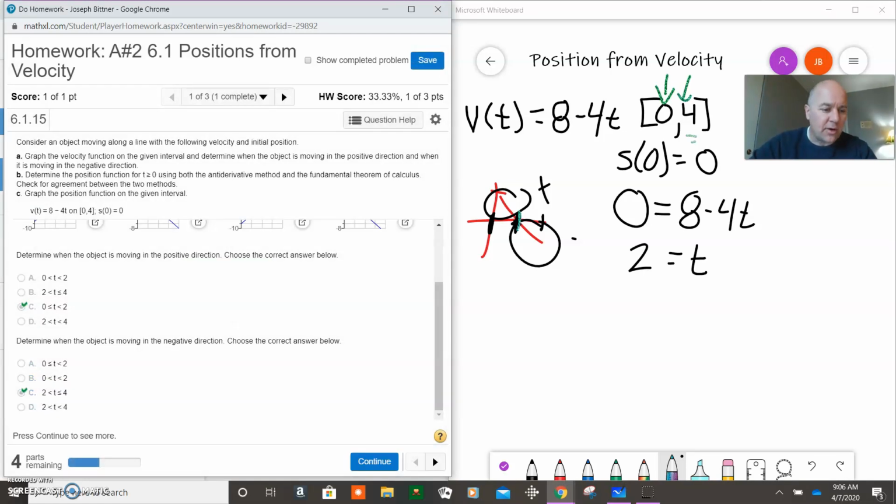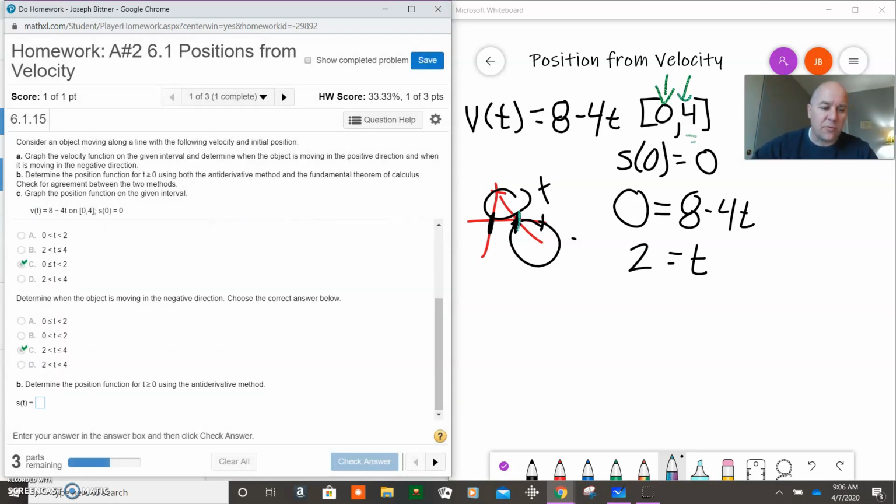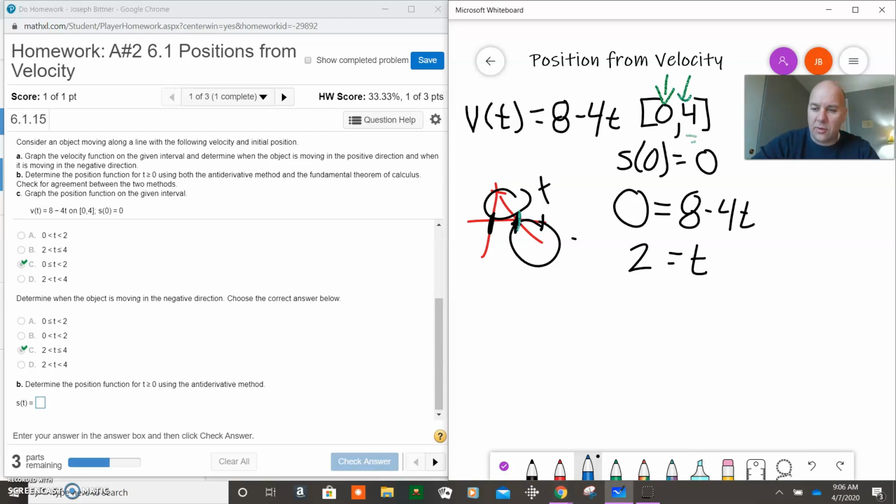Now, the next part, it is kind of redundant. You're actually going to get the exact same answer over and over. First, what they want you to do, and I'm going to do this in a blue color, they want you to find the antiderivative of this. So we're really just taking this equation, I'm not going to rewrite it, and just find the antiderivative.